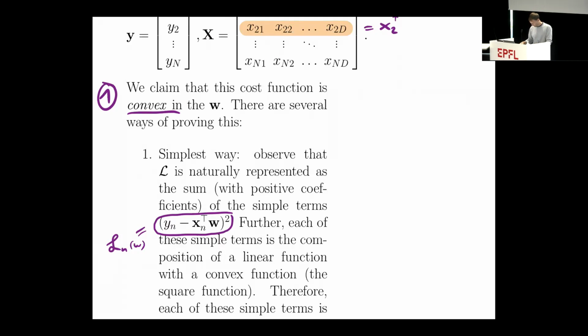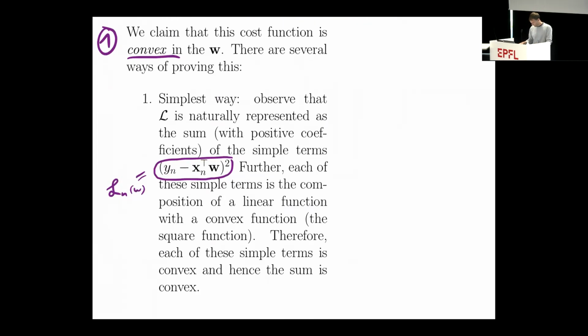So that's one way. And yeah, what do you think? If you look at one of these terms, is it convex or not? If this inner thing here were just two numbers, x and w, then it would be quite clear, right?